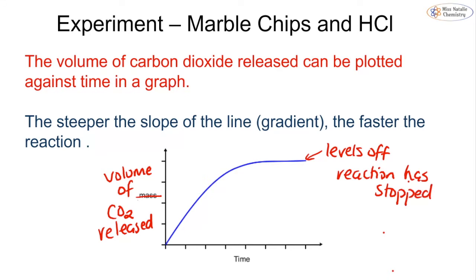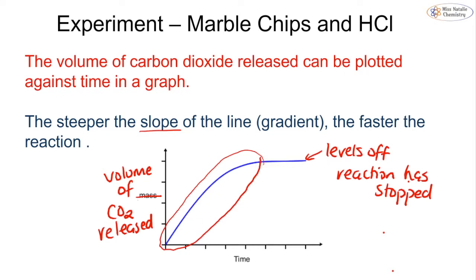Now we're not particularly interested in the part where it is levelled off, because the reaction doesn't happen. We are interested in this section here, and we look at the slope of the line. So when we're looking at a graph for a rate of reaction, we are looking to see, is the slope steep or is it not steep?